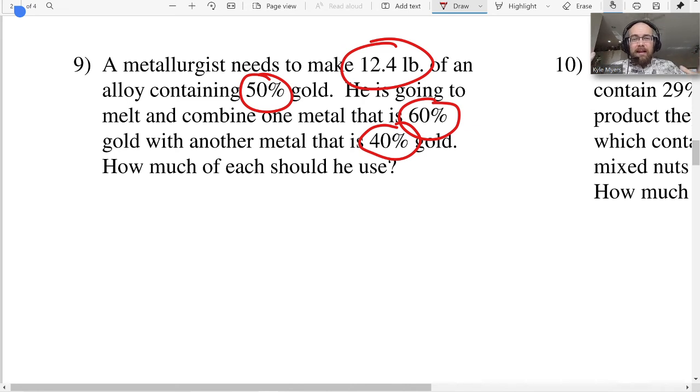If you have a 40 and a 60, you smash them together and you get 50. Like if you have 5 pounds of 40% and 5 pounds of 60%, put them together, you're going to have 10 pounds of 50%. If you have exactly the same amount of 40 and 60, you're going to have exactly 50%.